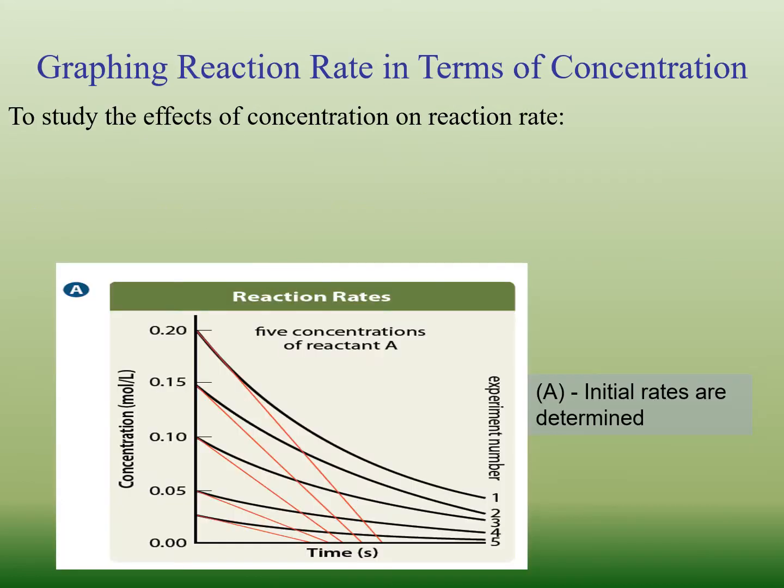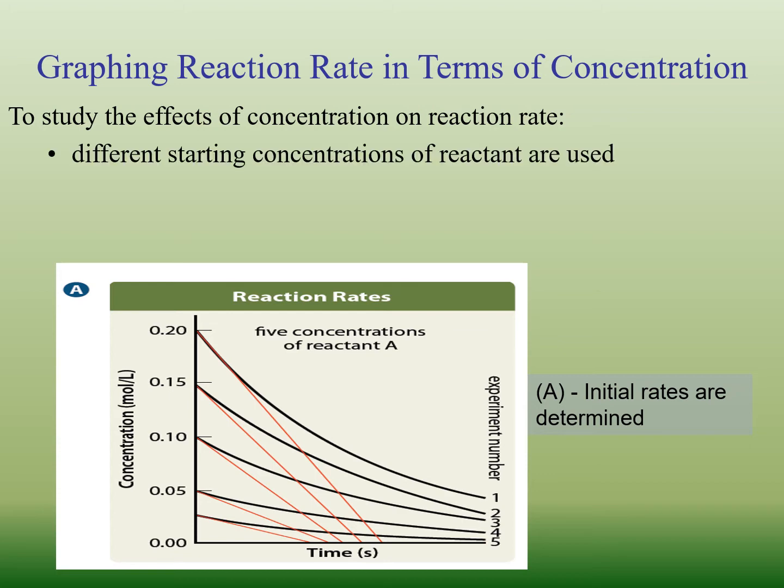To study the effects of concentration on the rate of a reaction, several experiments are carried out. Each reaction starts with a different concentration of reactant. Each of the curves in the graph represent different reactions, each one starting with a different concentration of reactant. Over time, concentration decreases as it is used up to make product.